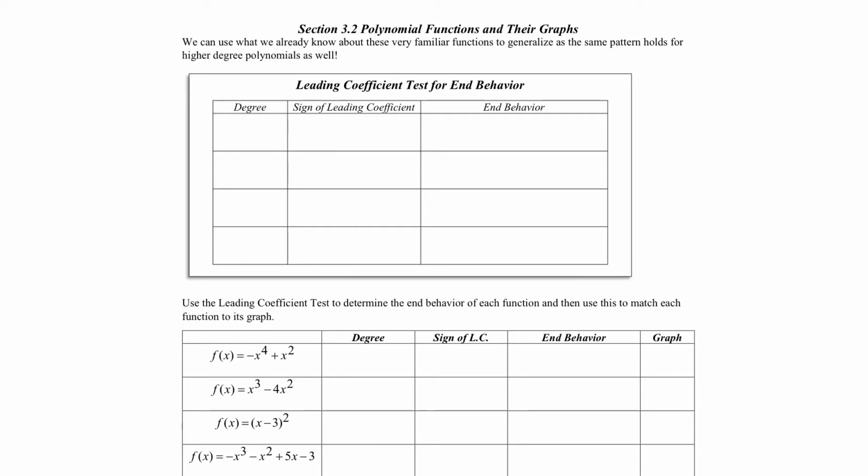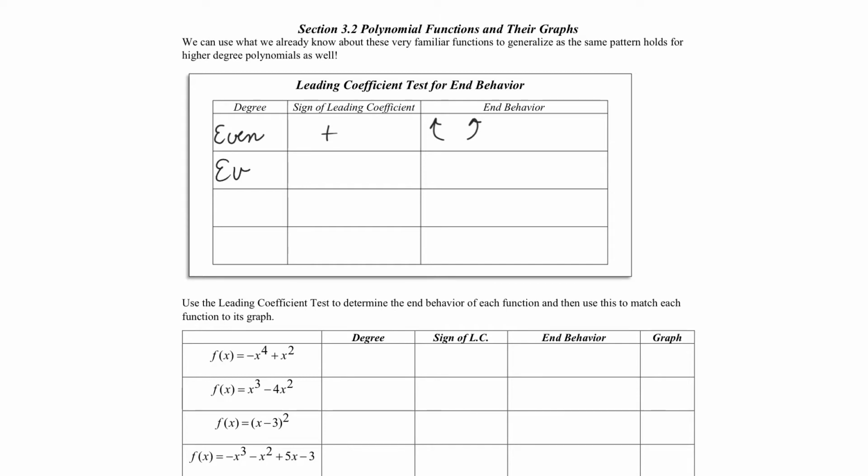So if I have a polynomial with an even degree and a positive leading coefficient, then in the end, it is going to behave like my parent quadratic. It is going to rise left and rise right. Now, with more complicated or higher degree polynomials, what's going on in between might be different, but in the end, it's going to rise left and rise right.